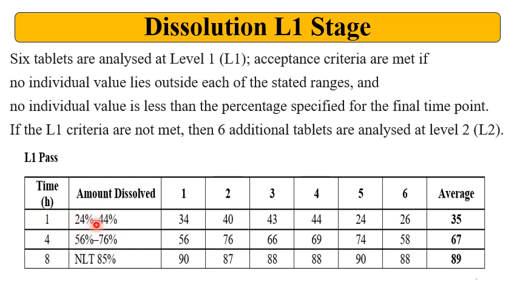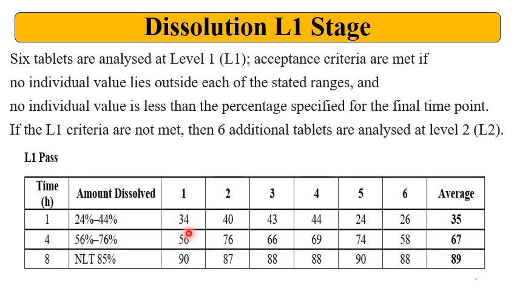The range is 24 to 44. All these units, including this one, 24, are within this range. The maximum is 44 and the minimum is 24. For your easy understanding, I have considered the average as 35. For the second, I have covered the minimum and maximum here, and the mean is 67.